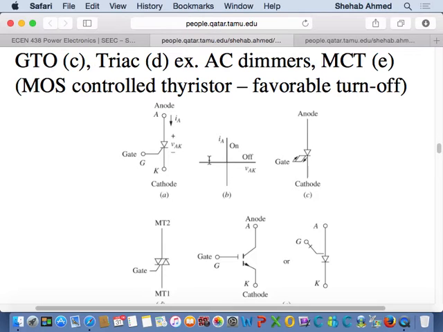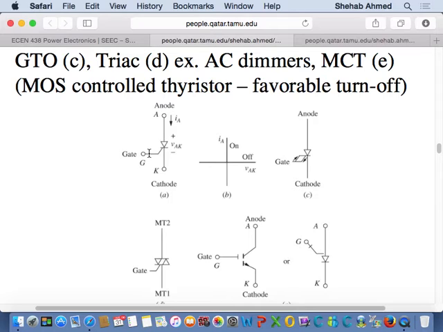So what people developed after that was they saw this shortcoming and they said, okay, let me try to develop a thyristor or an SCR with a turn-off capability. Remember your 325 course, that each device has sort of a beta, or the HFE.